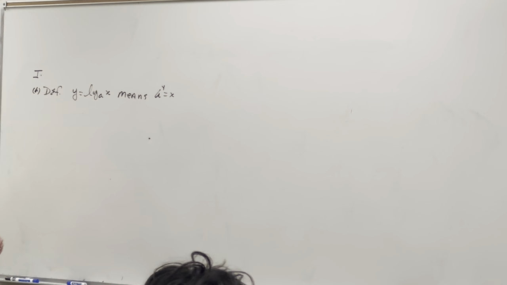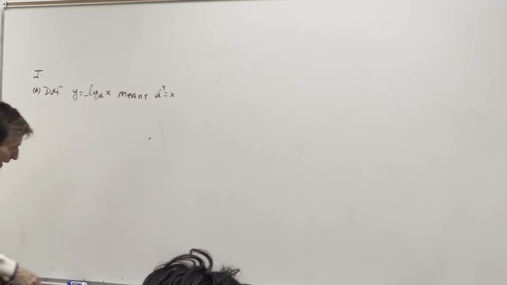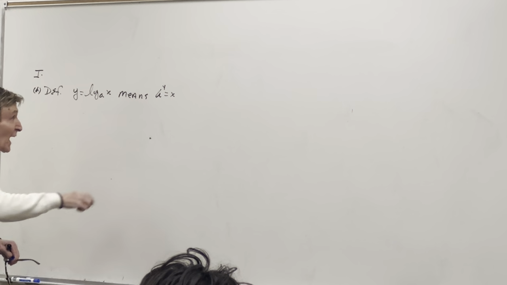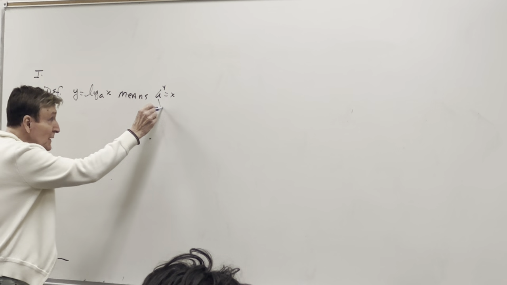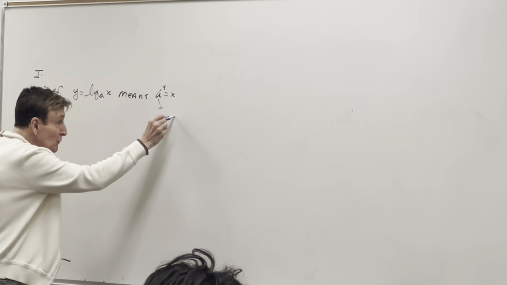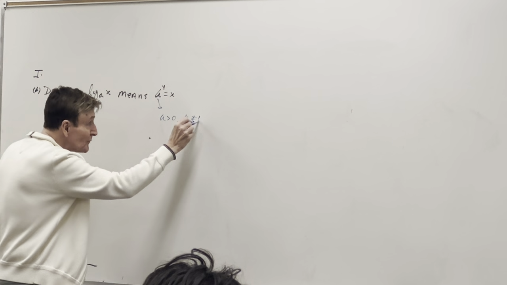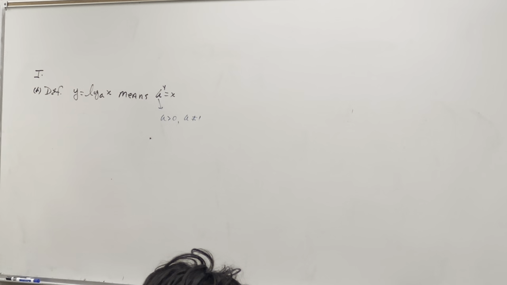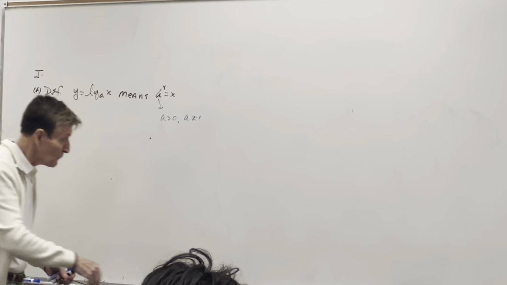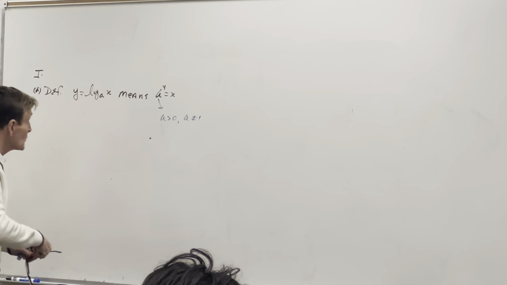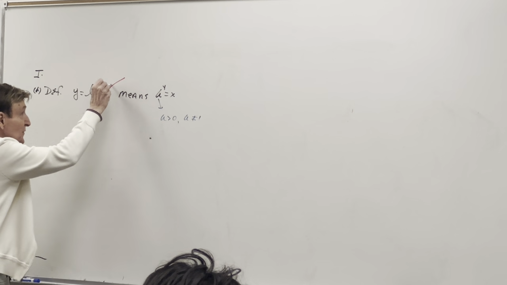Exactly. That's what it means. I think there were restrictions placed on it. I think a had to be positive, and they did not want a to be 1. And I think there was a restriction on the x, which is like the domain.